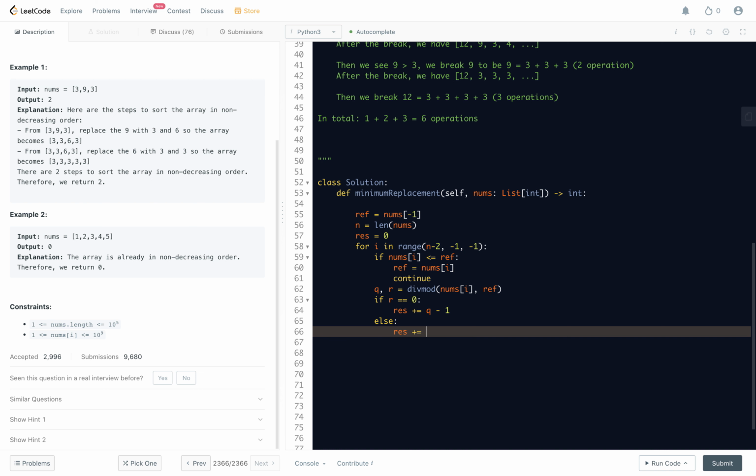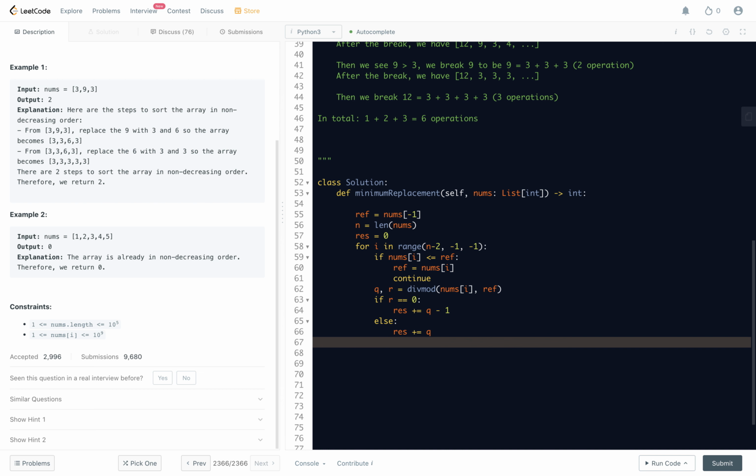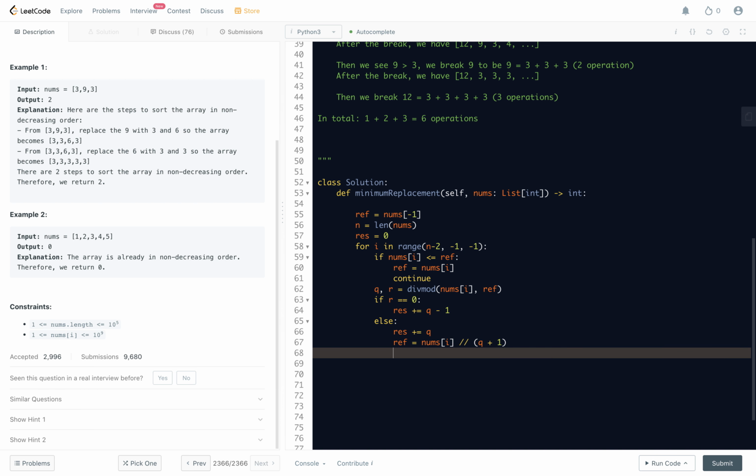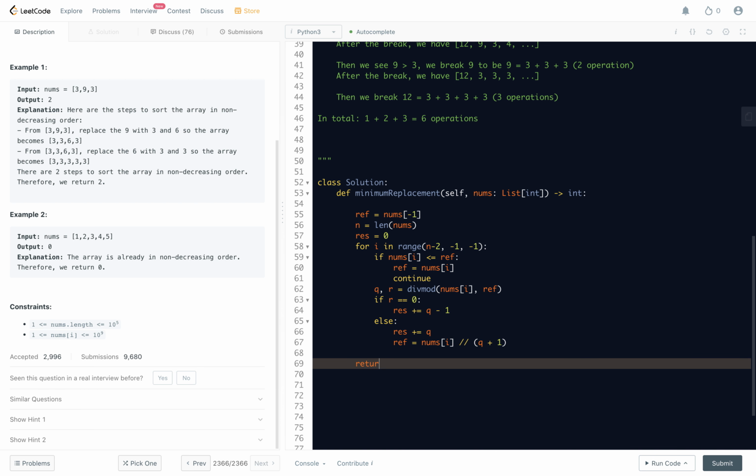So the increment in operations is Q. And after the split, the smallest number is nums[i] divided by Q plus 1. We shall use this number as the new reference, right? So after this, we are ready to return the result.